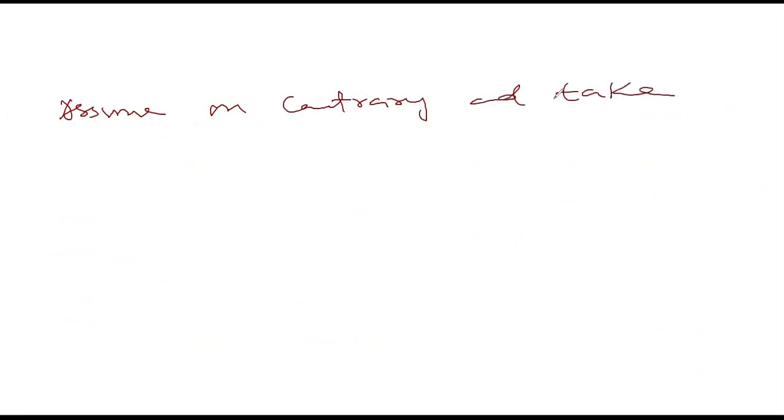So let's assume on the contrary, and take some point in the intersection: x belongs to A_{n,i} and x belongs to A_{n,j}, where i is not equal to j.